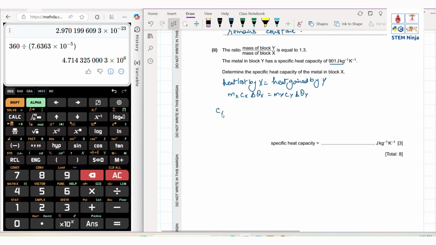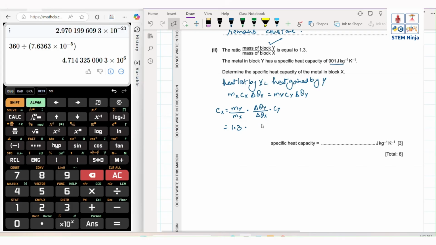Now, since we are interested in cx, we will take away everything on the other side, but we have the ratio of masses and ratio of temperatures, so arranging them is slightly easier. Mass y over mass x times delta theta y over delta theta x times cy. So we know the ratio of masses is 1.3.